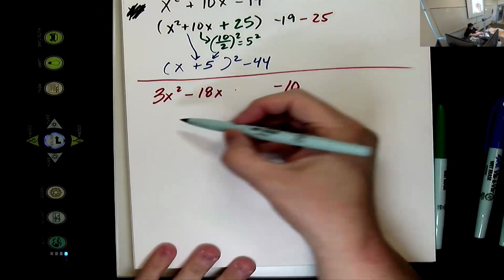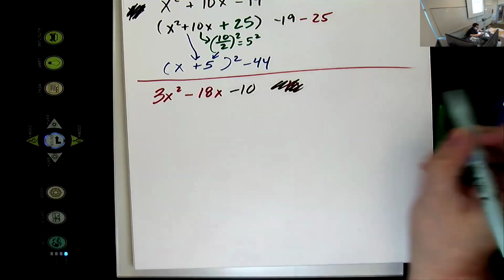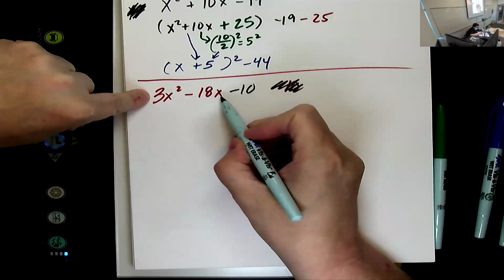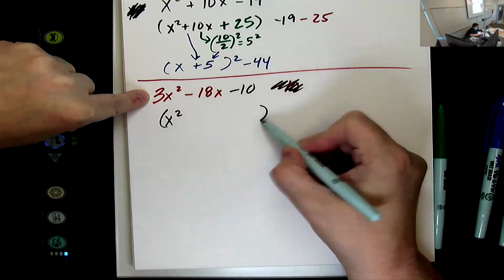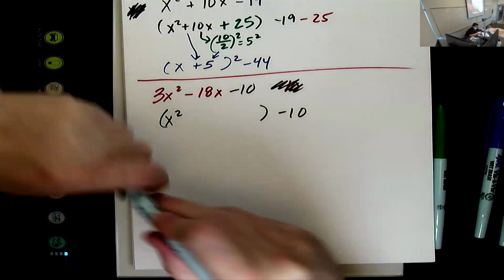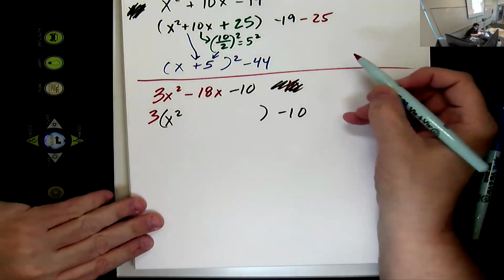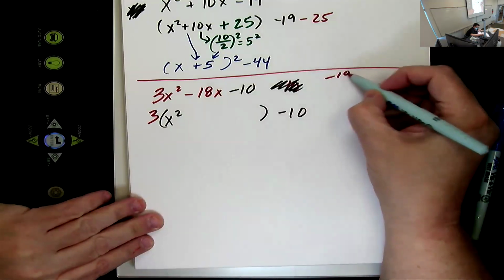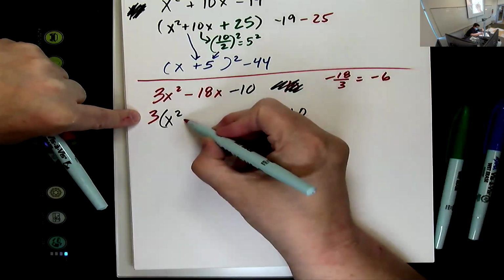When we make the parentheses, I guess I didn't need to, maybe I shouldn't have. Because when I complete the square, I need to just have x squared in front, which means I need to factor out the 3. To see what goes here, I do the -18 divided by the 3 we factored out, and I get -6.